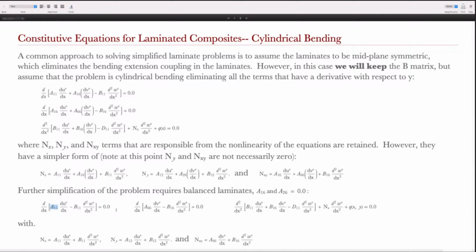If I have a uniform thickness laminate, no fiber steering, no overlap of the layers, if everything is a straight laminate, then the ABD matrices are constants, which means that I can take them outside the differentiations here. That's on the next chart, chart number 4.